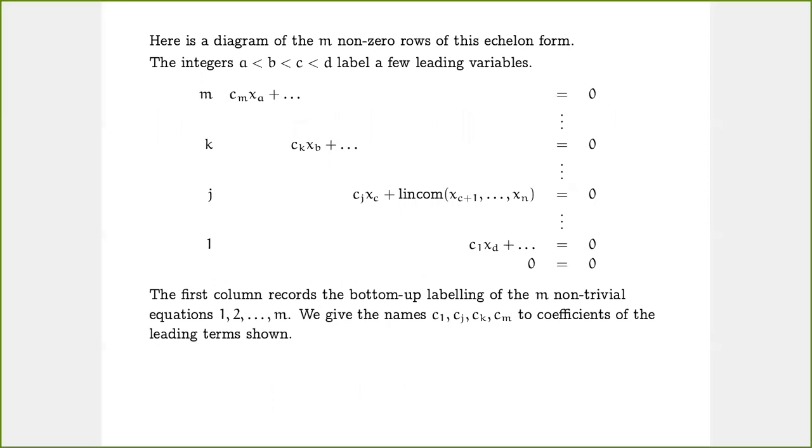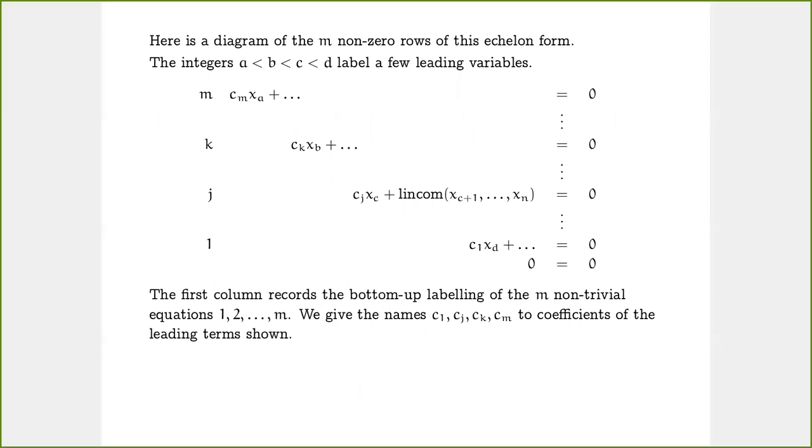Now, to get a handle on this, if you look at the left, there's a column with a 1, a j, a k, and an m. We're labeling the non-zero rows from the bottom upwards, the way that we work when we solve a linear system. Now, I've only shown 4 leading terms. We don't know which column these are in, but each next row down is going to be to the right of the ones above it.